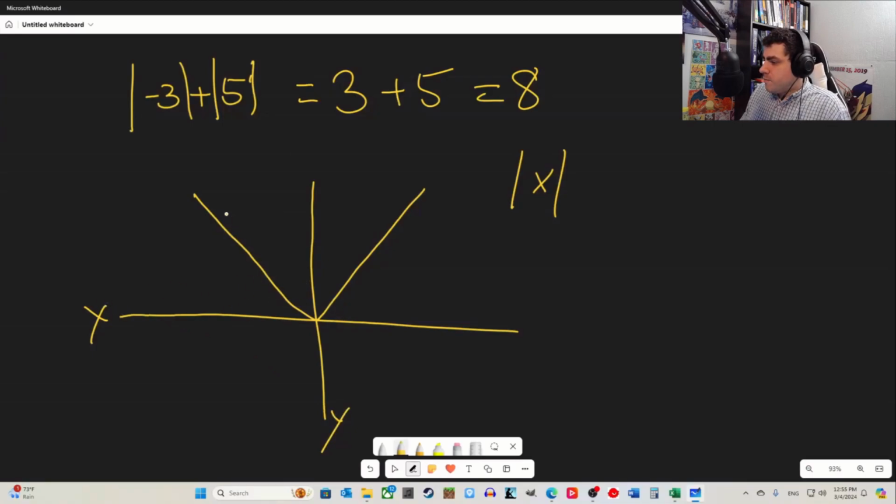Notice how no matter what it is, it's always positive. The y value, I should say. So y equals the absolute value of x. So y will always be positive no matter what value of x, whether it's on the negative side or the positive side.